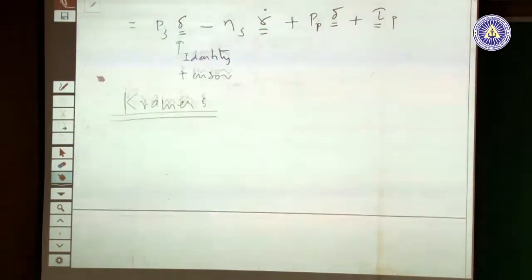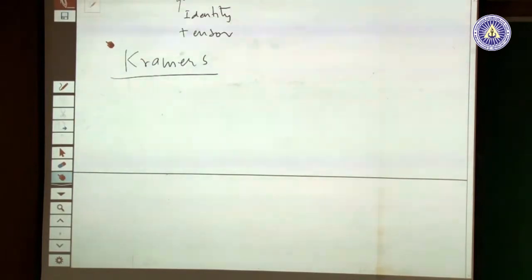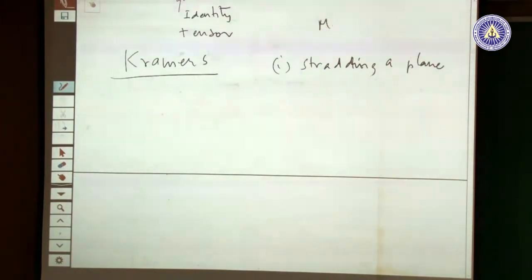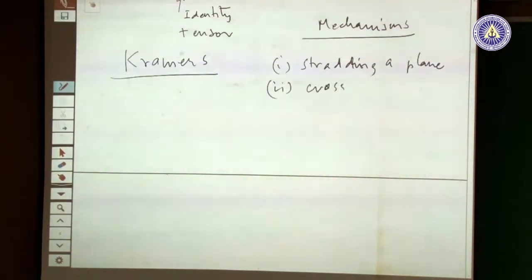So there are these two mechanisms, and what we are going to do is sketch out how we can calculate this. So maybe we should write here: mechanisms, straddling a plane, or crossing the surface.